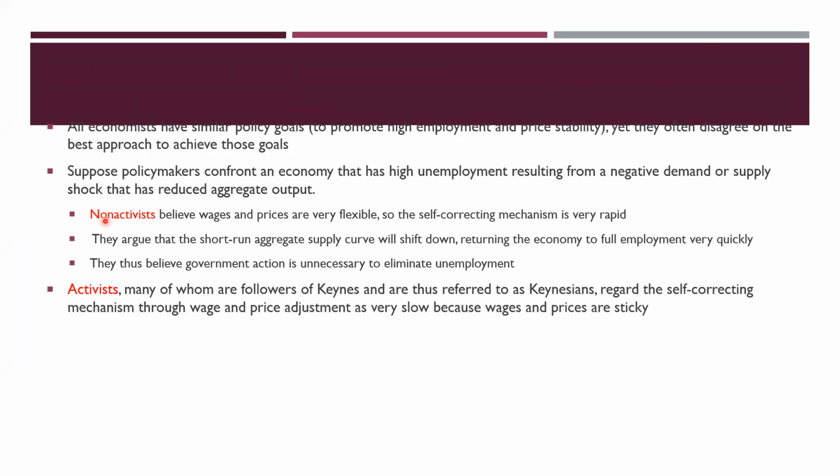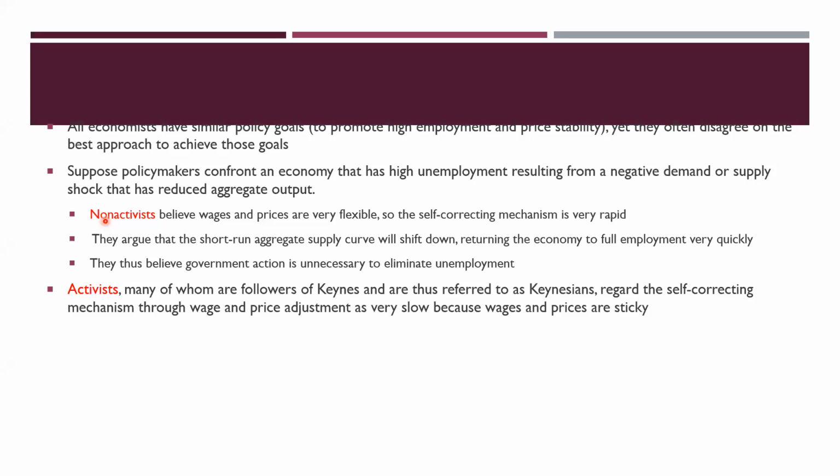But the activists, many of whom are followers of Keynes and are thus referred to as Keynesians, regard the self-correcting mechanism through wage and price adjustment as very slow, because wages and prices are sticky. Actually, they are not only sticky, but sticky downwards. Why do we say so? Because especially wage contracts are signed over a short to medium or long term.